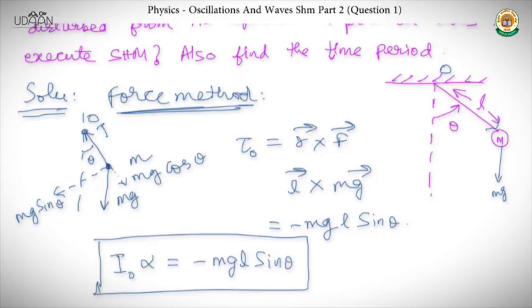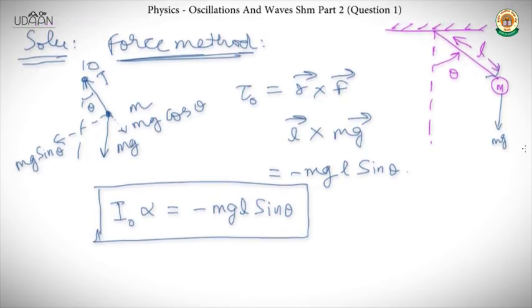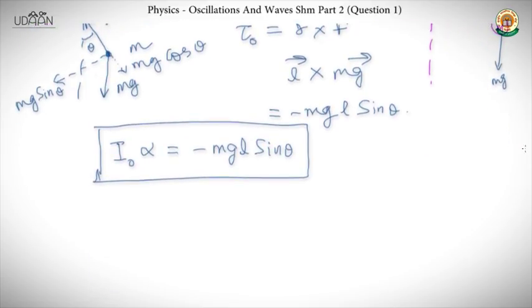From here you can observe the relation between the angular acceleration and the angular position. For it to be in SHM, there should be a linear relationship, but here there is not a linear relationship.